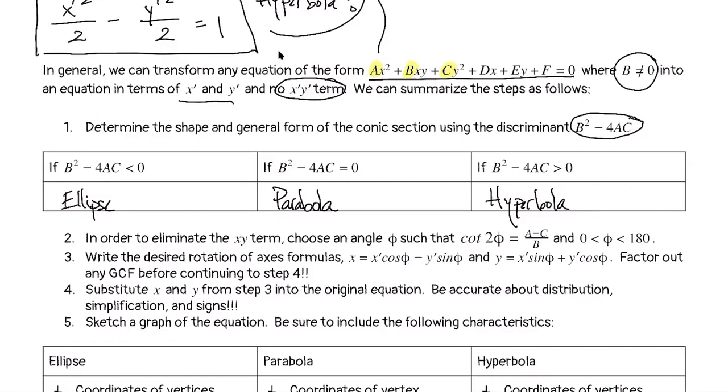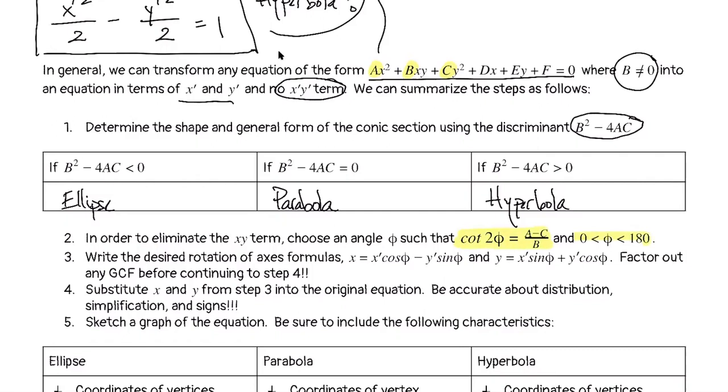Now, once you've done that, our goal is to get rid of that xy term, right? That's the term that's causing us problems, the x and y mixed together. So we're going to choose an angle phi such that cotangent of 2 phi equals a minus c over b.